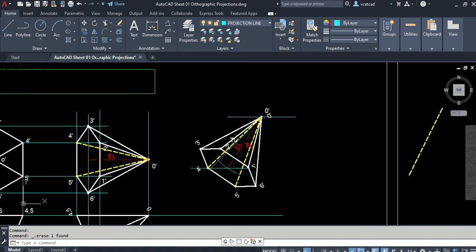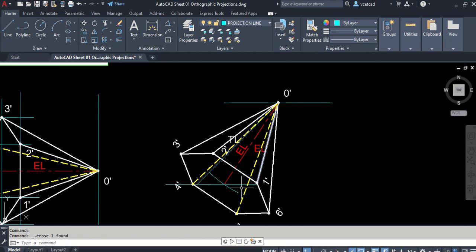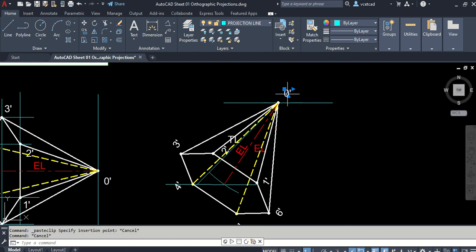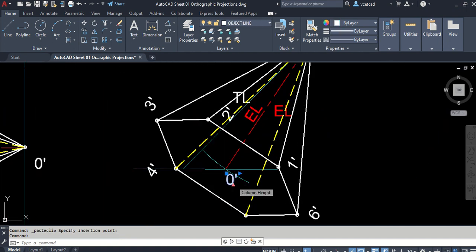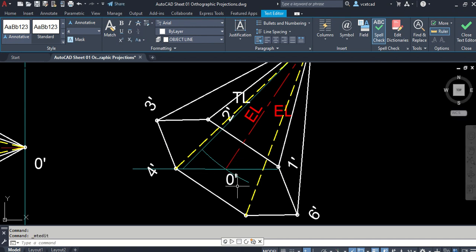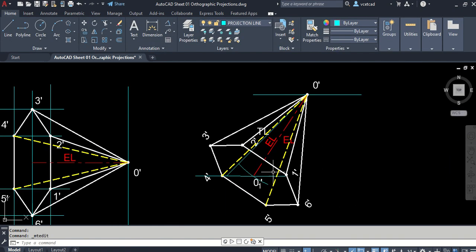So how to redraw that object? On a plain paper, if you want to redraw it, select this point, which will be my point O dash, and I can name the new point as O1 dash.